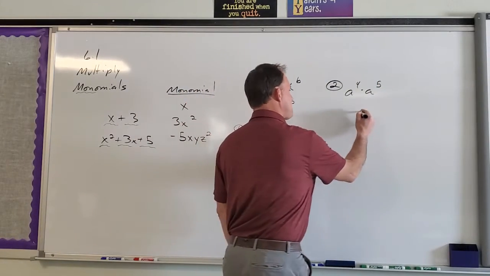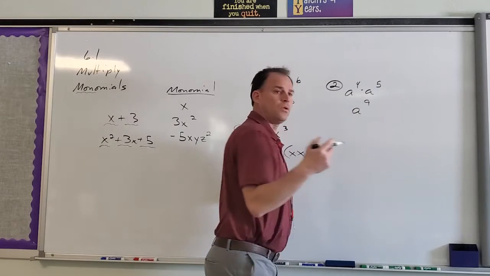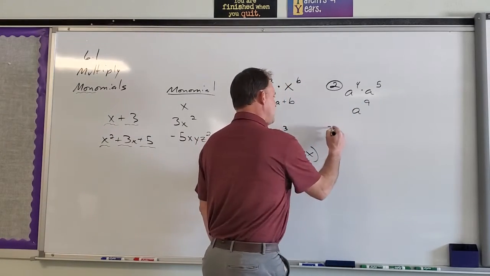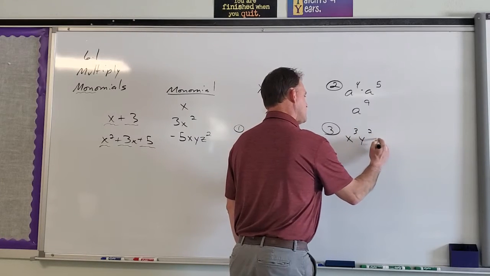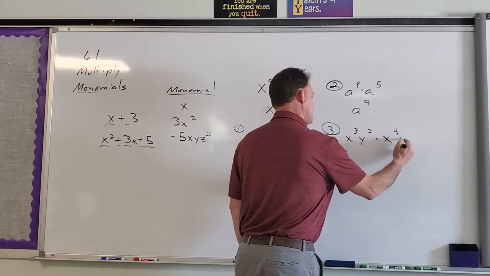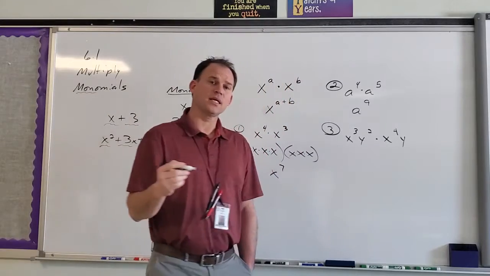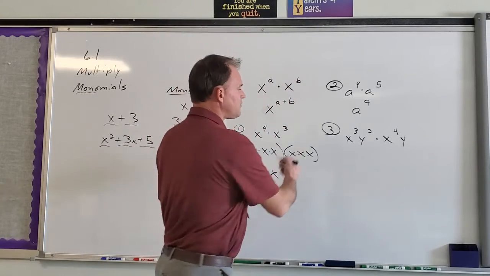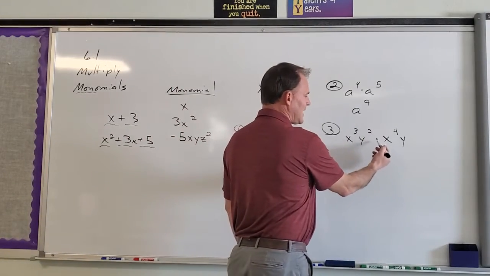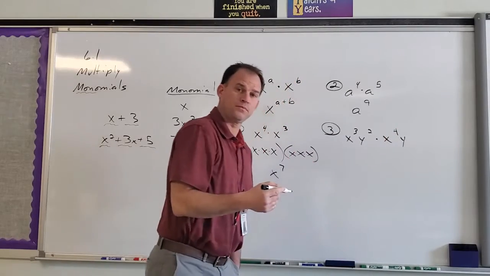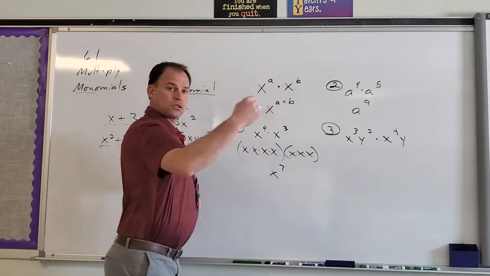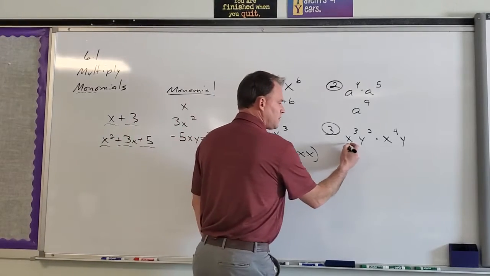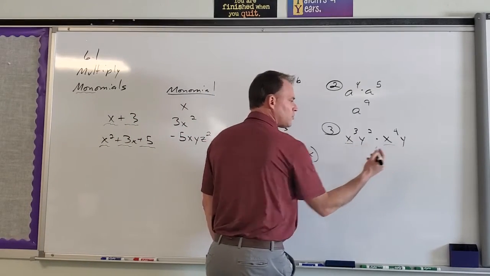Very good. Pretty simple. Now, we can spice it up a little bit. With something like this. So we have x to the 3rd, y to the 2nd, times x to the 4th, y. All right? Again, the rule is for like bases. So when we do something like this, we just simply look at the x terms together.